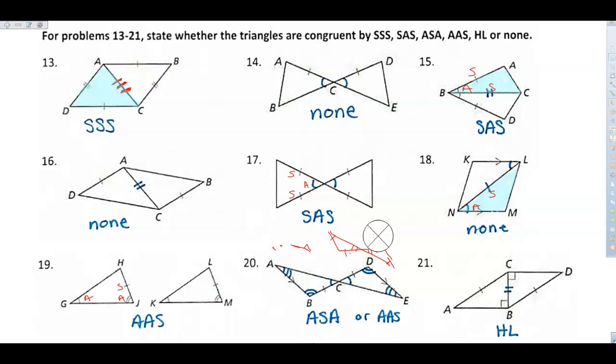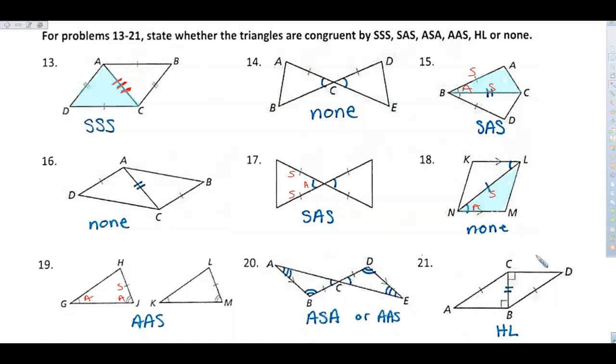And then if you marked it this way, you would have had angle, side, angle. So either of these can be correct depending on exactly how you marked it.